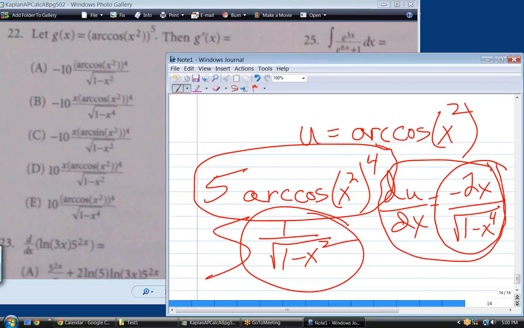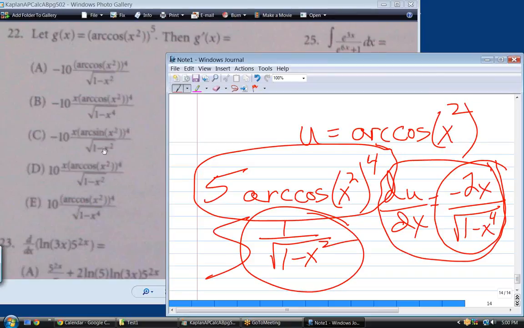All right. You will find that if you multiply the derivative of the outside, times the derivative of the second inside, and the derivative of the third inside, you will get minus 10, because the minus 2 times the 5 gives you minus 10, x arc cosine squared to the fourth, and that goes in the denominator.